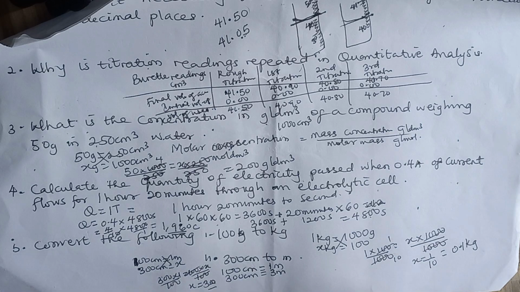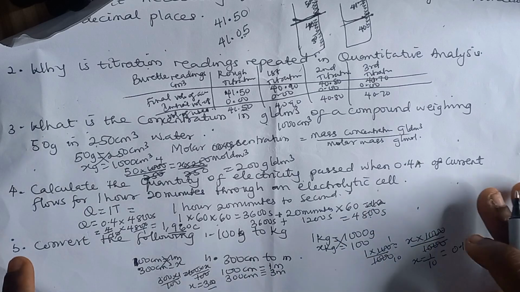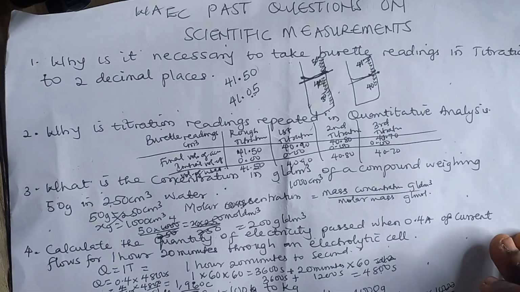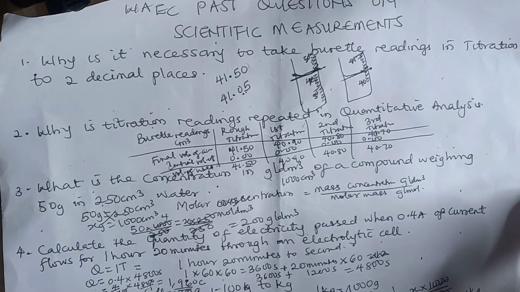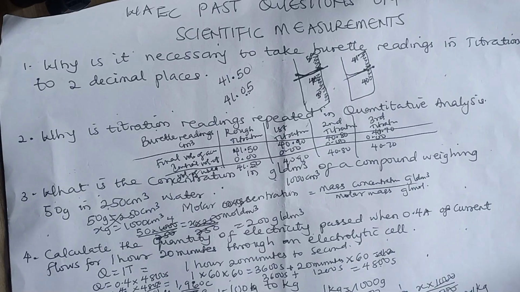So with the correct knowledge of conversion of units, you will be able to get accurate results when you are dealing with anything that has to do with measurement as science students. I would advise you to go back to your past questions, study the past questions, and watch out for all this I've said.